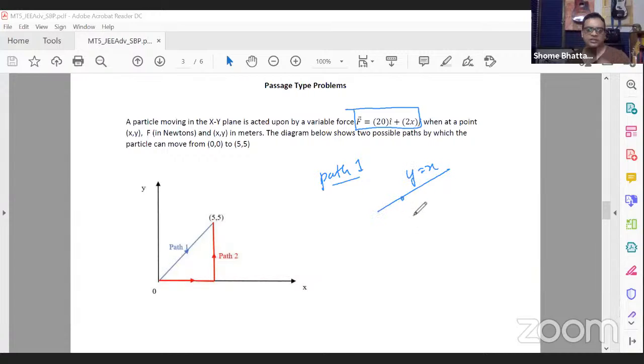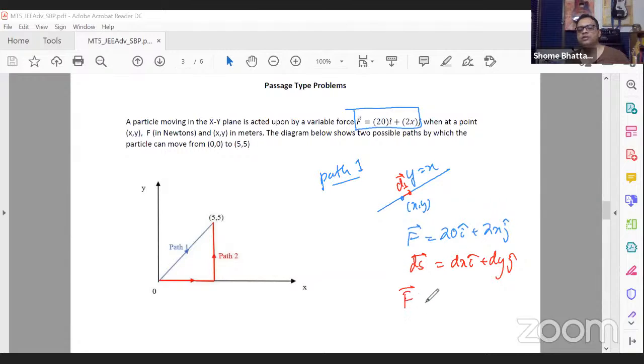So at any point on this straight line, what kind of work will the force, 20 i cap plus 2x j cap, be doing? The displacement is dx i cap plus dy j cap. So F dot ds is going to be 20 dx plus 2x dy.